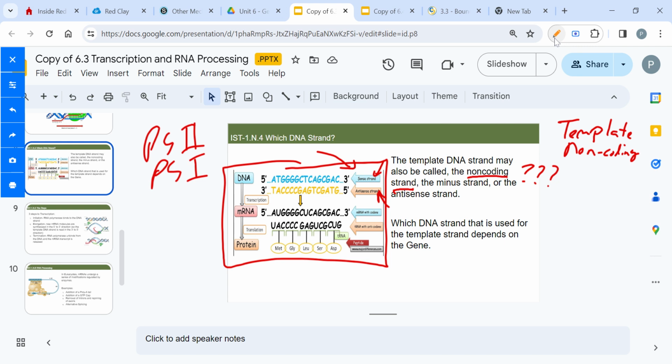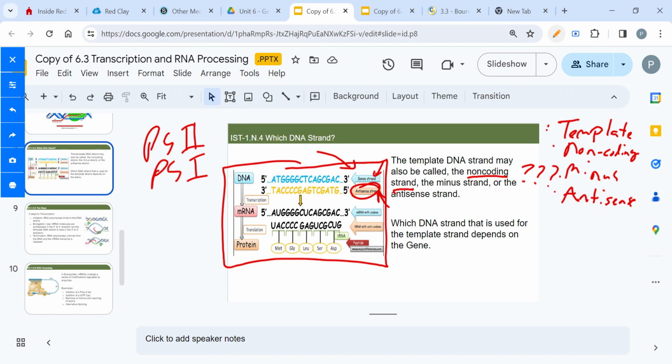It's also known as the minus strand. It can also be called the antisense strand. You have 4 different ways to describe the same thing right here. So frustrating.